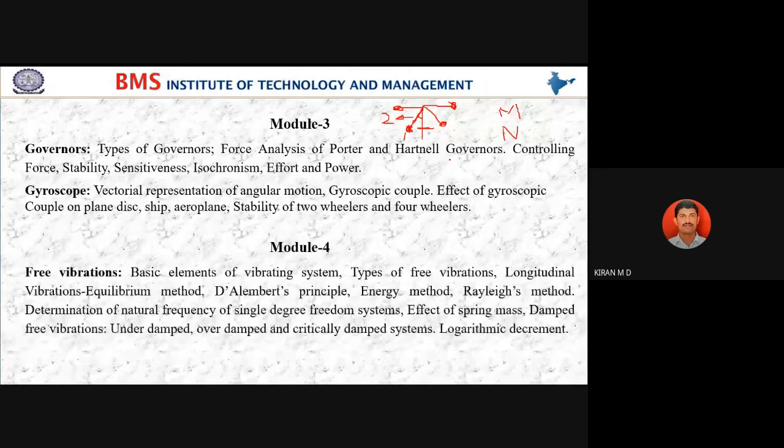It can't run again, you can't increase the speed; that is the maximum speed. That is the use of governors. There we also have the Porter governor and Hartnell governor. The parameters are controlling force, stability, sensitiveness, effort, and power. These parameters affect the governor motion, so we are going to study them.